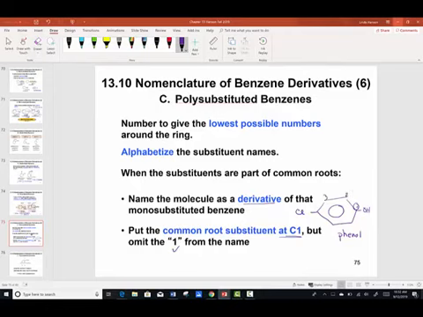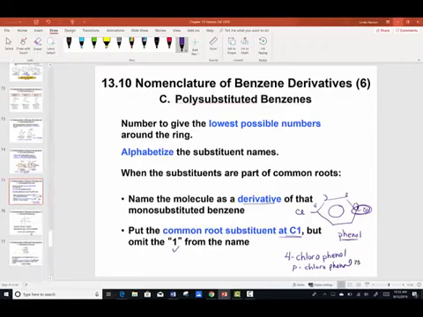So 2, 3, 4, labeling this as 4-chlorophenol. Better than that would just be simply saying para-chlorophenol, because we know carbon 1 is going to be the hydroxyl group because it is part of the backbone name.